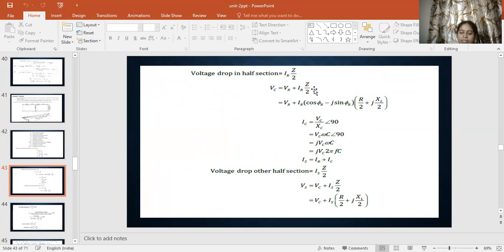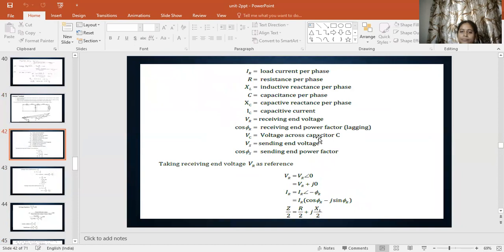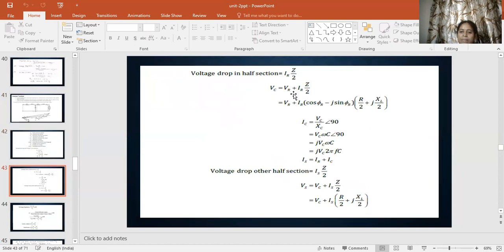So you can substitute here: VC equal to VR plus IR into drop, where the flowing current is IR. So IR into drop is nothing but IR into Z by 2. See here, VR plus IR into Z by 2, with IR in the complex form IR into cos phi r minus j sin phi r, and Z by 2 is nothing but R by 2 plus jXL by 2. This is equation 1 we can write.